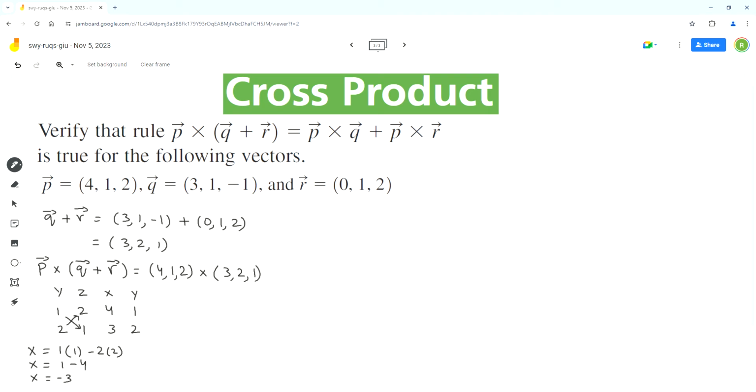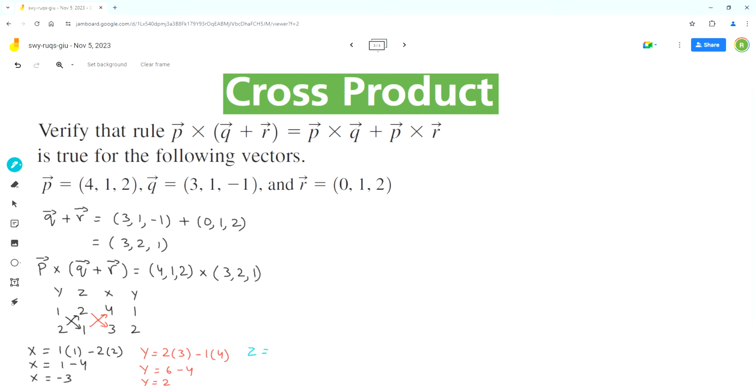Now we can find the y component. So we'll cross multiply the z and x components. And now we can find the z component.